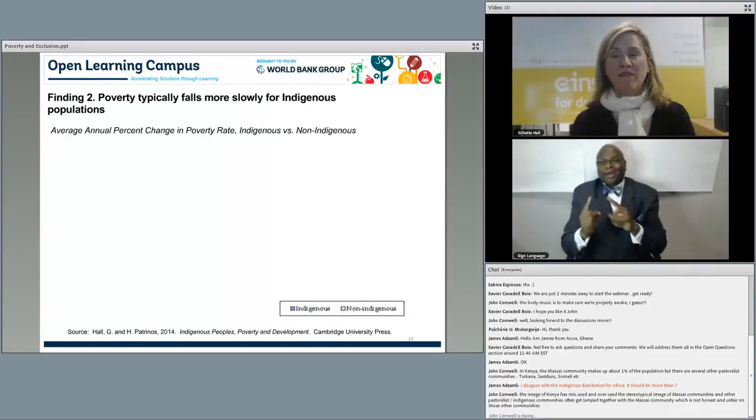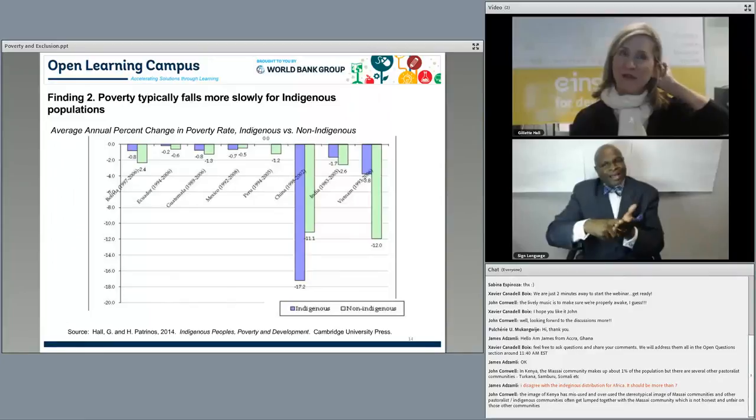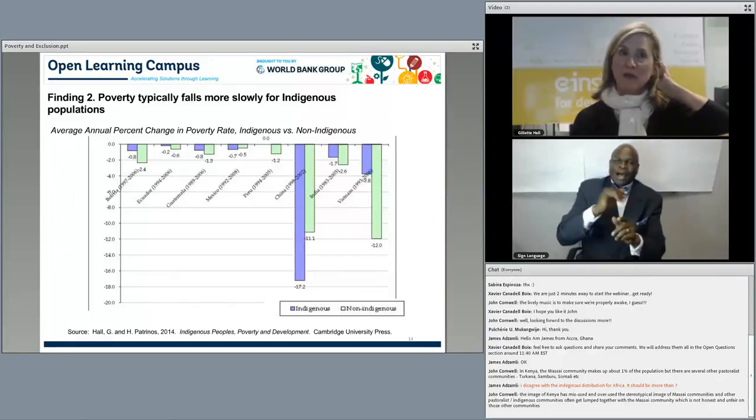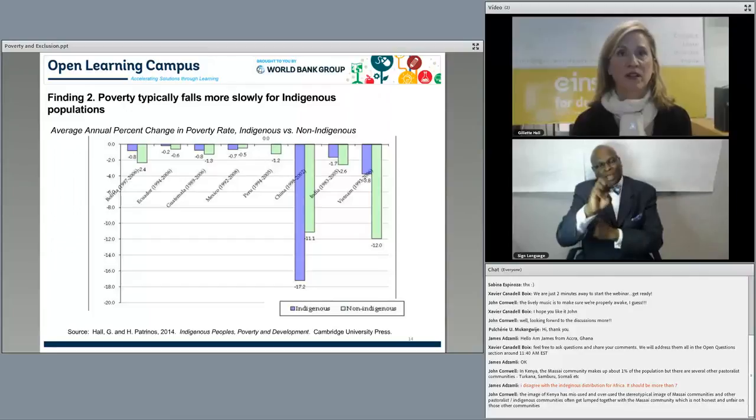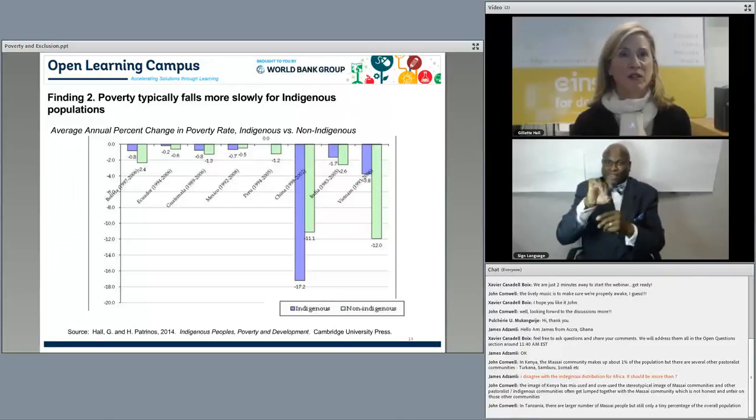But more of interest, and I think as motivation for our work as a development community, we find that with a few exceptions, over time, the poverty rate tends to fall more slowly for indigenous populations. This chart is a little bit murky, and I apologize for that, but across all the countries in the chart, and we take the data back as far as we can to find comparable data, we show you the average annual percent change in the poverty rate, indigenous peoples versus non-indigenous.